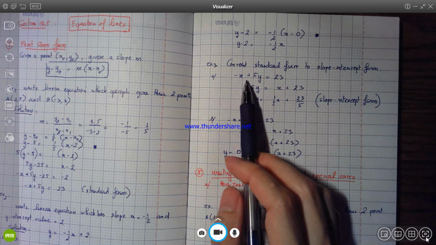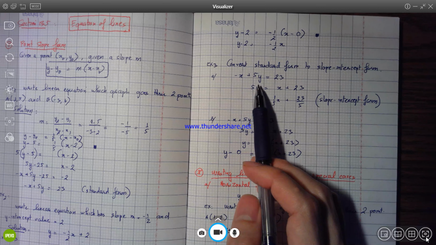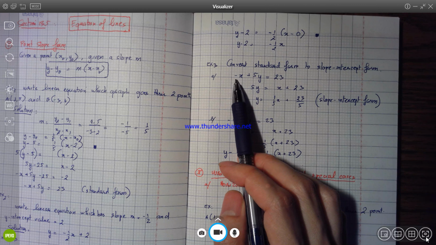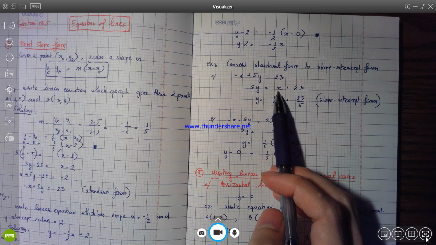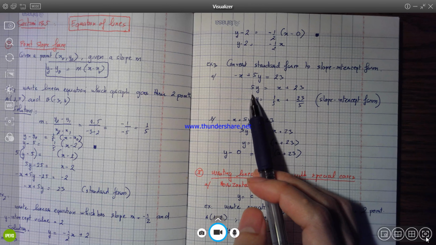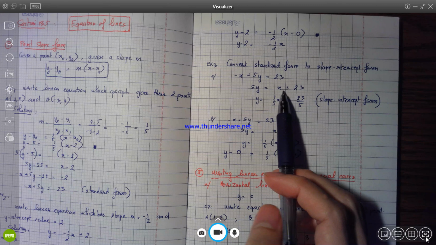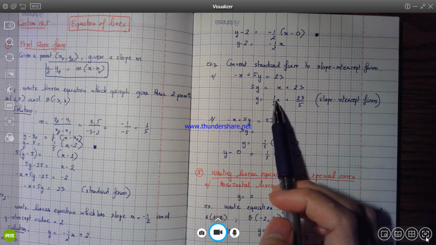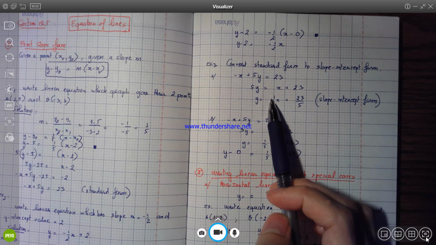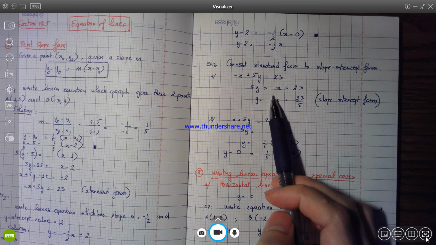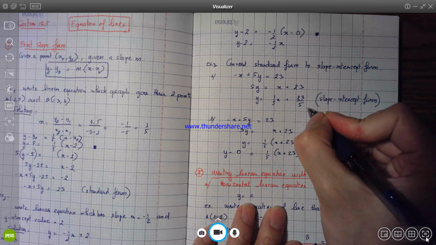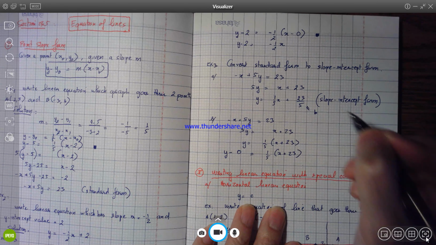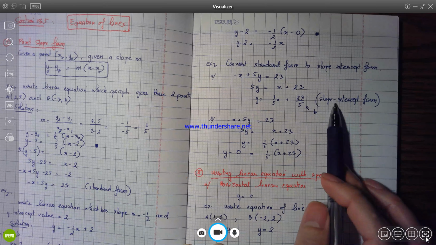From the standard form, I'm going to isolate the term with y. I'm going to move everything to the right hand side, add x to both sides. Then I divide both sides by 5. When I divide both sides by 5, I just divide each term on the right hand side by 5. When you do that, you will get the slope right here and the b value, the y-intercept value, right here. Then you see that you will get the slope-intercept form easily.